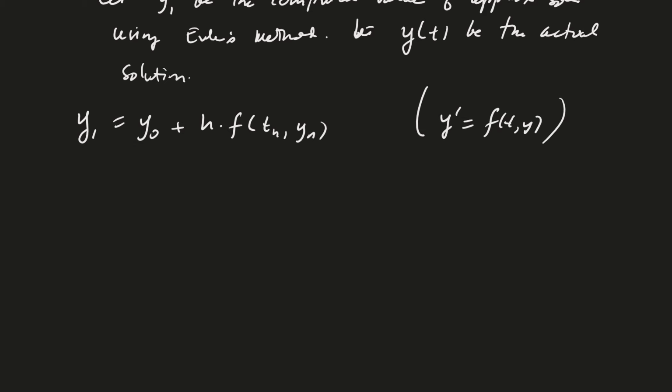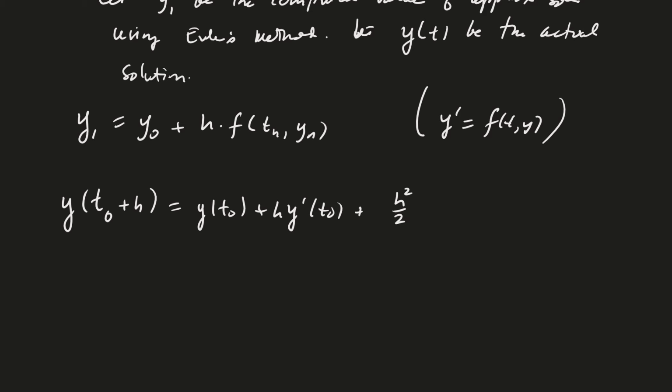Okay, and so if I take a look at y of t, I can write the Taylor series for y of t, and in fact I'm going to shift from t0 to t0 plus h. Now this is the actual function, right? So I start at y of t0 plus y prime of t0 times h, and then plus h squared over 2 times y double prime of t0 plus big O of h cubed.